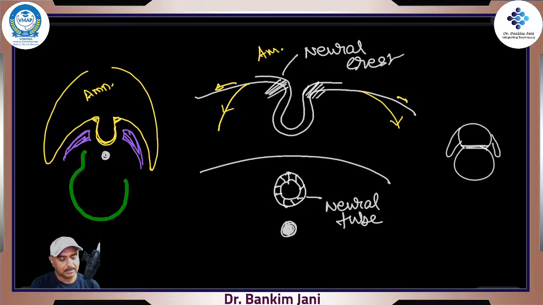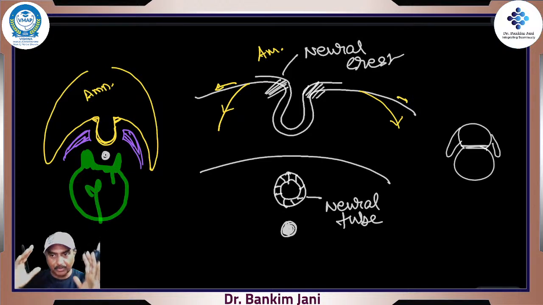It will start going like this. That's the yolk sac, right? Still the amnion keeps on continuing, coming down and down. So what would really happen is that it will finally cover it fully, right?